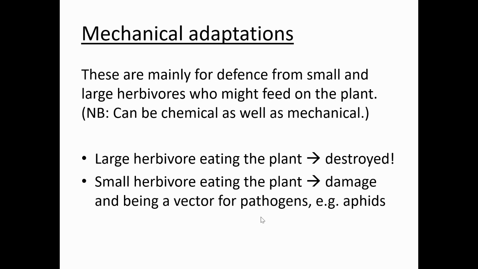In the same way, if an aphid penetrates the physical barrier by getting into the cells with its mouthpiece, then it can infect the plant with viruses, perhaps. So there are obviously negatives to being eaten by herbivores. So what can plants do about it?